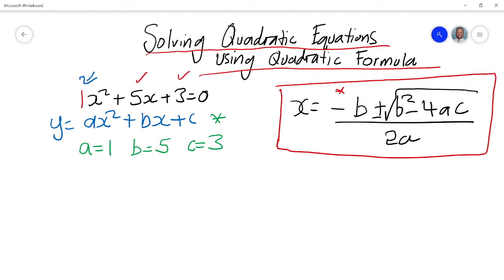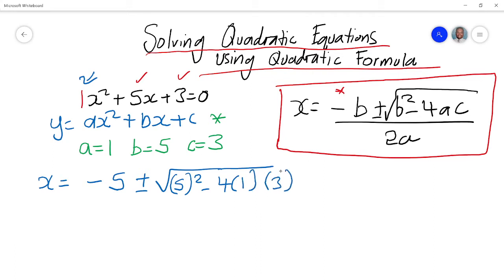So what we'll get is, x is equal to negative b, that's negative 5, plus or minus the square root of b squared, which is 5 squared, minus 4, a is 1, and c is 3. All right, and that's going to be over 2 times 1. So in other words, a is equal to 1. So literally what I've done is I've replaced a with 1, b with 5, c with 3 in the quadratic formula.